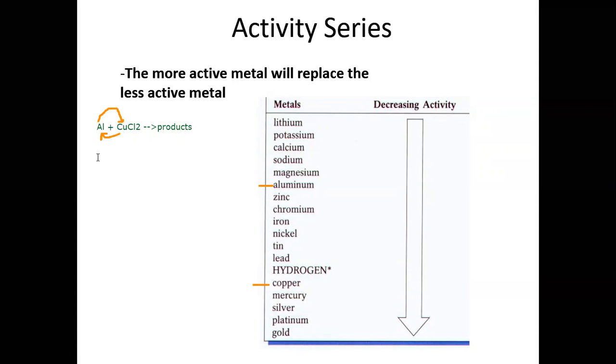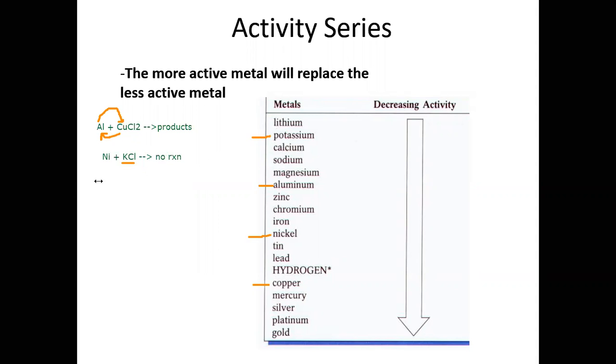Another example we had was nickel plus potassium chloride, no reaction. And so we go here, we find nickel. Nickel is right here. Potassium is above nickel. So therefore, no reaction would occur because the more active element is already paired up.